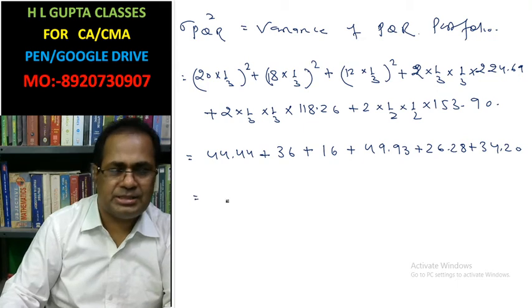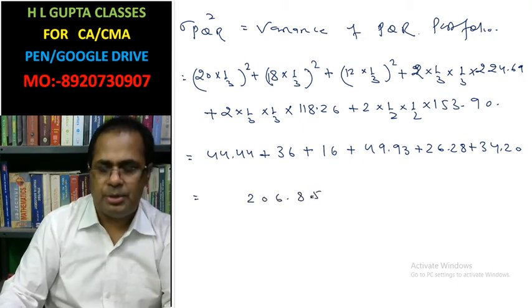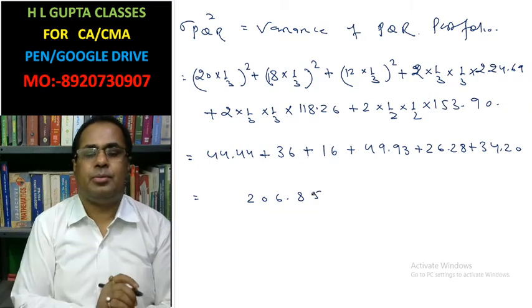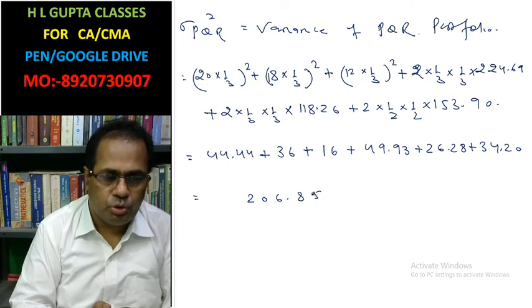After adding this, you will have 206.85, the variance of PQR securities. Okay, this is the variance of PQR securities.